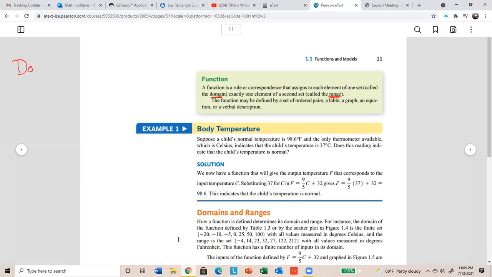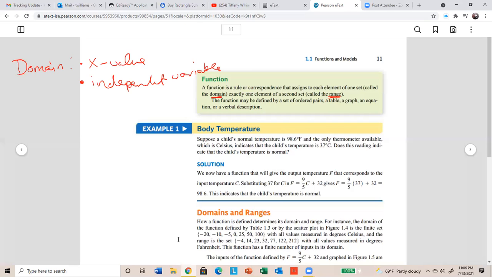The domain may also be referred to as the x value, or more frequently in this particular section, the independent variable. So if you see domain, x value, or independent variable, all of those things mean the same thing.